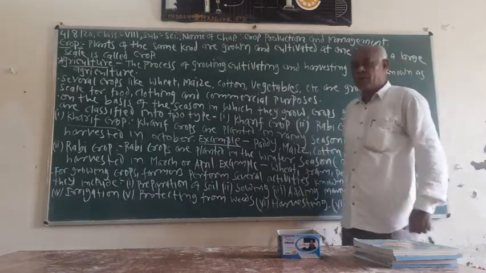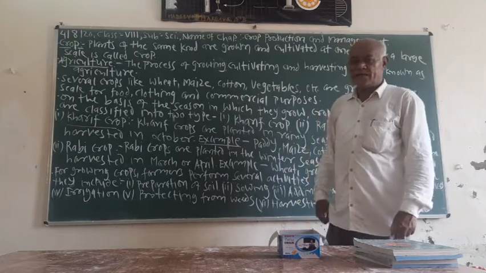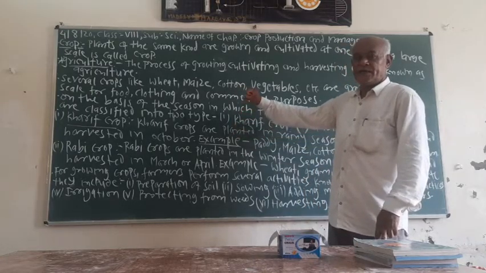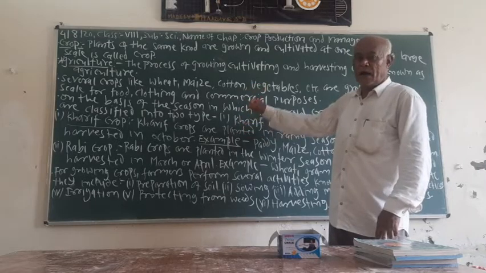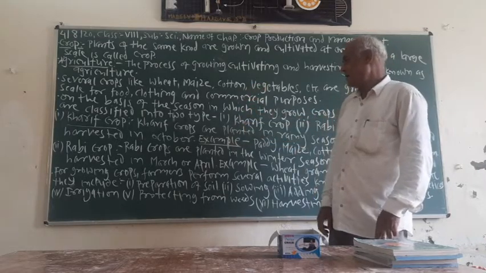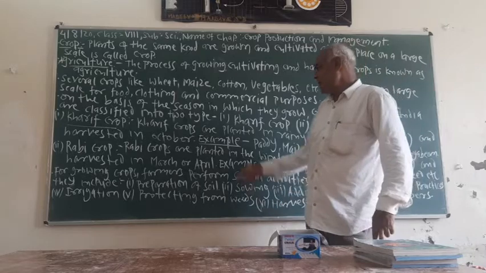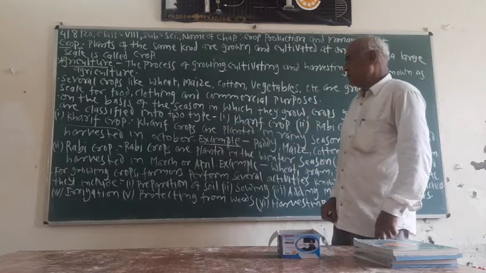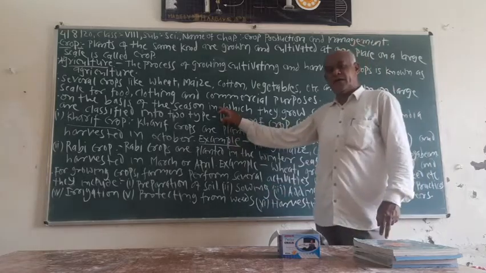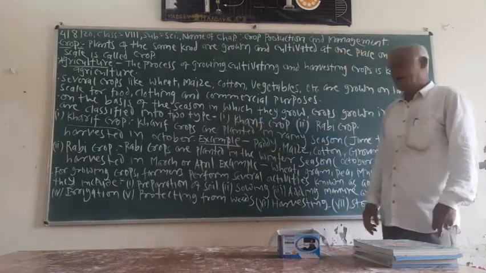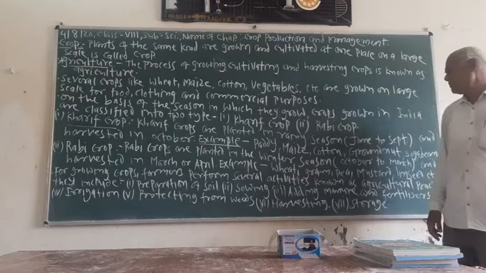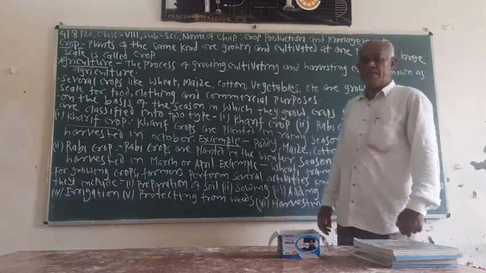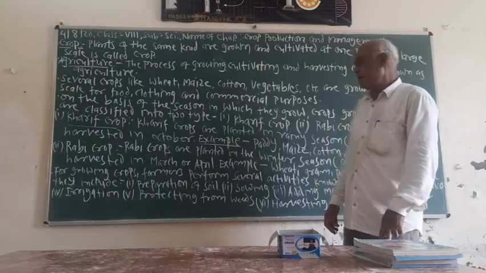There are two types of crop based on the season in which the crops are grown in India. These types are Kharif crop and Rabi crop.